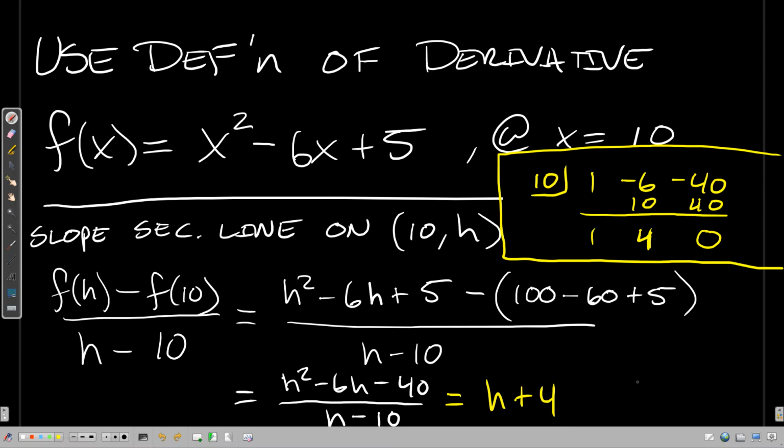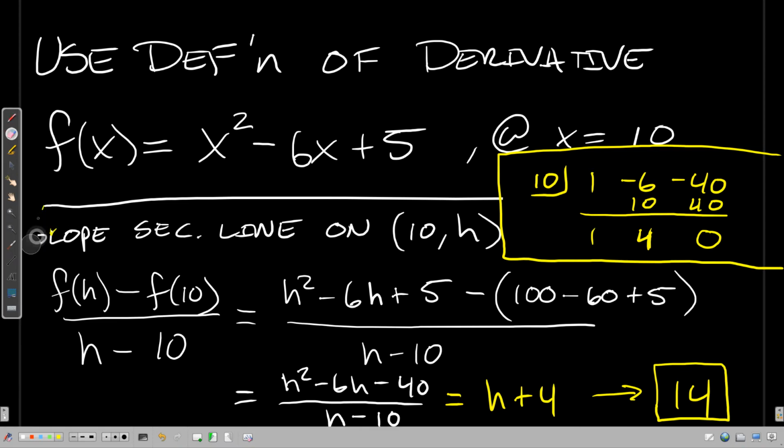And if I were to just stick a 10 in there, I would get 14. And you will now see that 14 is the slope of the tangent line, because we'd be looking at the interval from 10 to 10. It's right at that point.